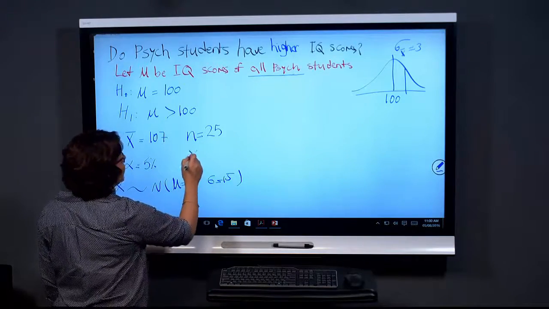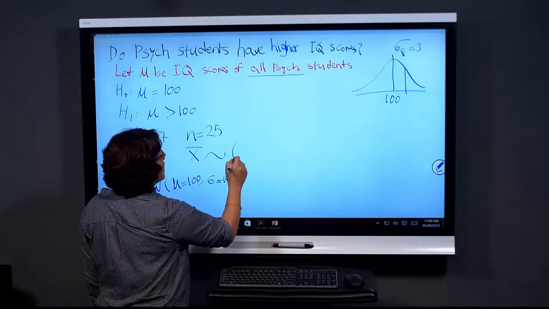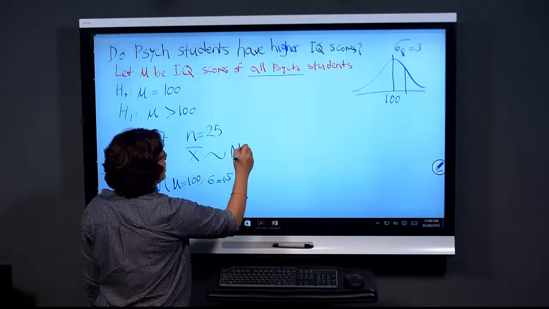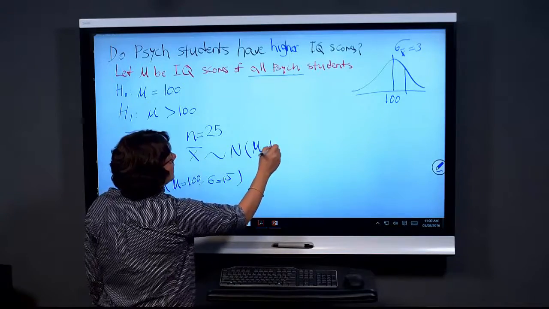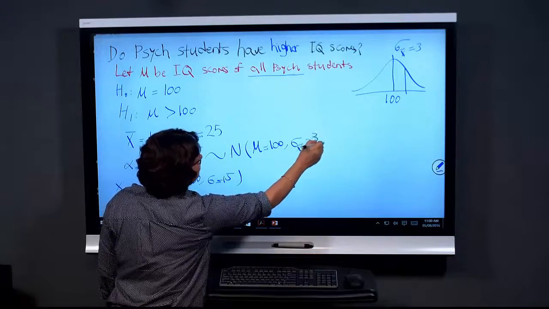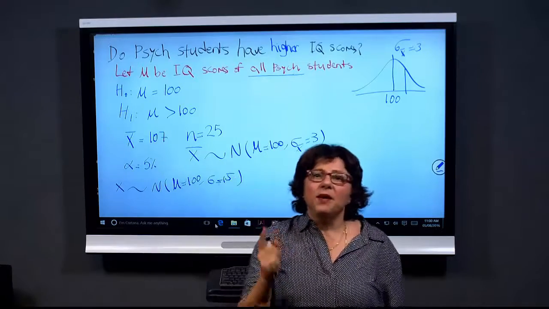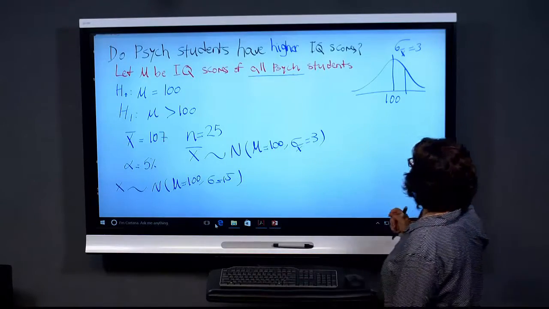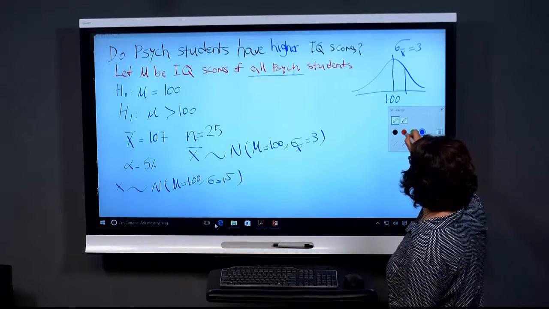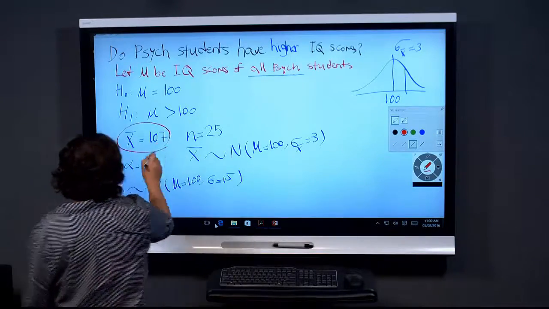So the comparison distribution is this distribution of X bars, which is normal with the mean of 100, and sigma of x bar, or standard error, equal to 3. Now we are looking at the p-value method. The p-value method is when we take the observed value x bar, and we notice that the observed value is 107.